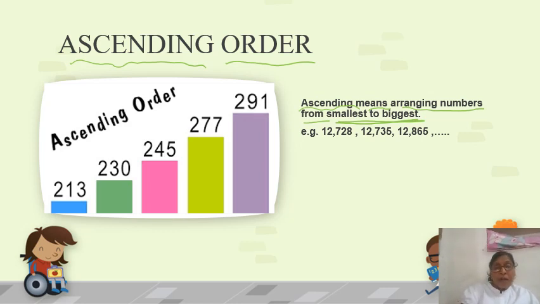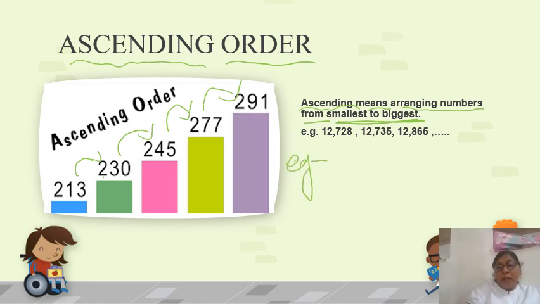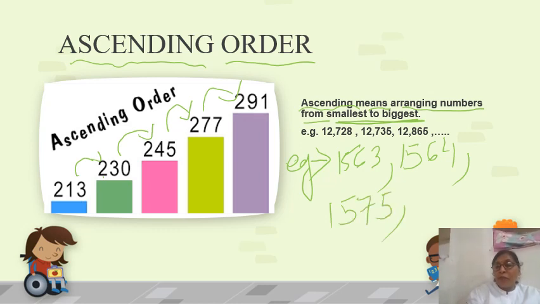For example, here see 213, 230, 245, 277, 291. This order is ascending order. The next example, 1563, 1564, 1575, 1585.